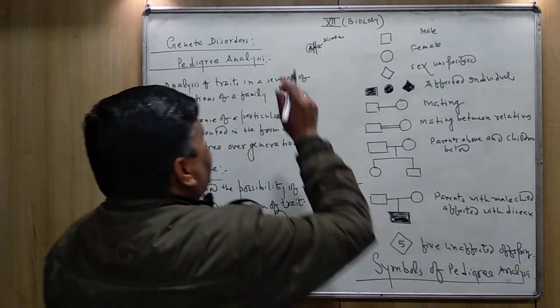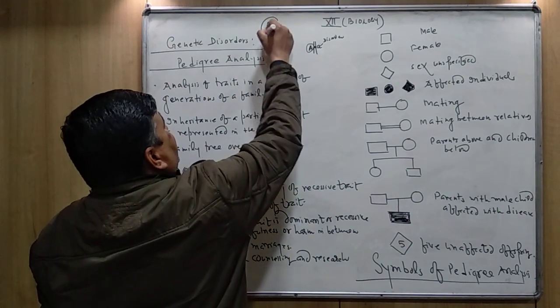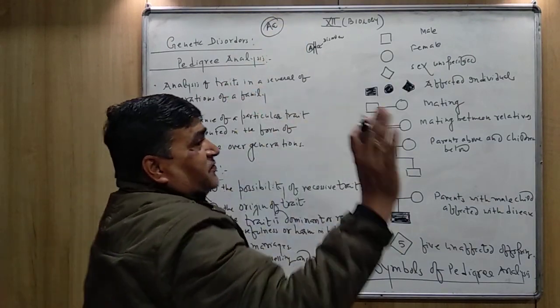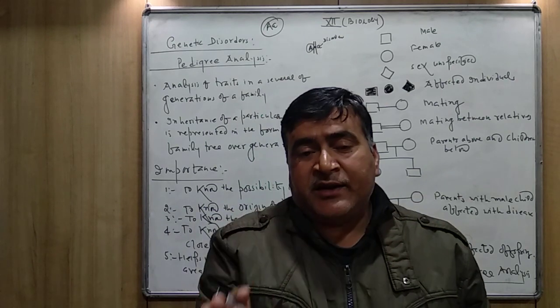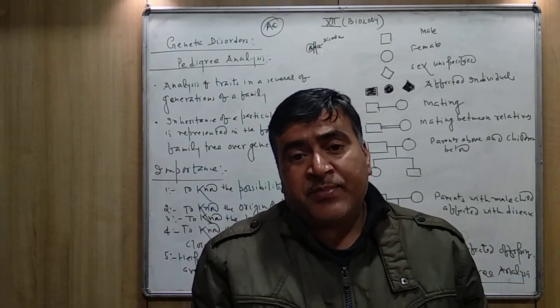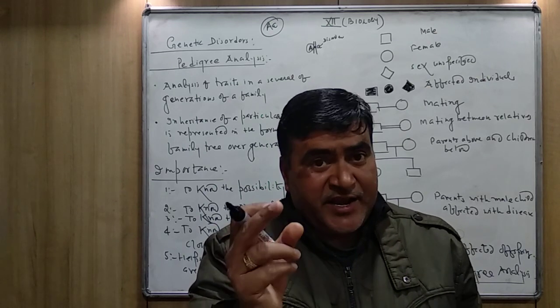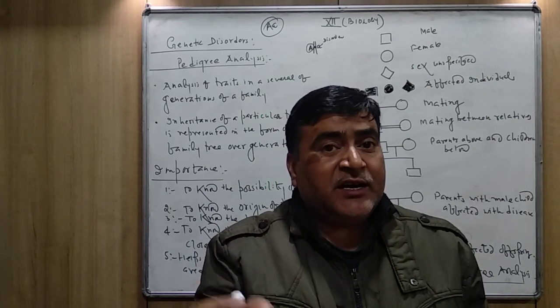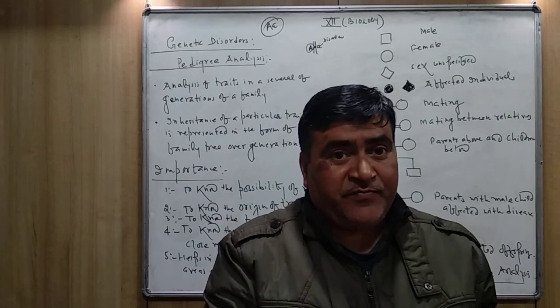So in the heterozygous condition, the disease will not appear in the organism. Why is it not going to appear? Because the trait is in the recessive form.